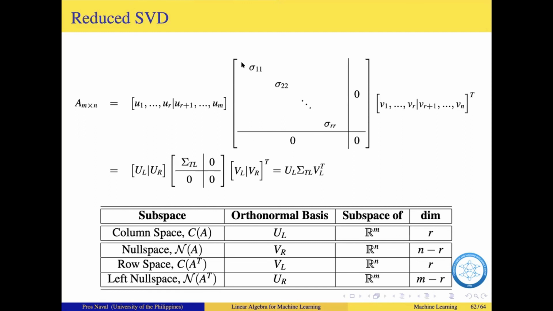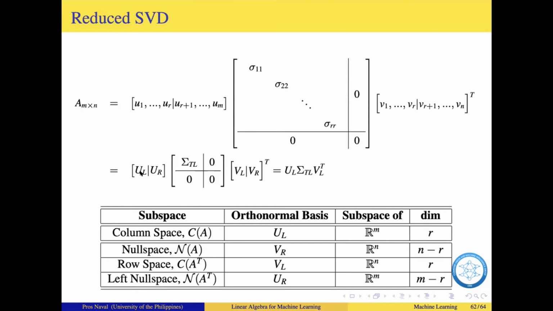That would be an R by R submatrix whose values are all zeros except for the diagonal, which are the singular values of your matrix A.